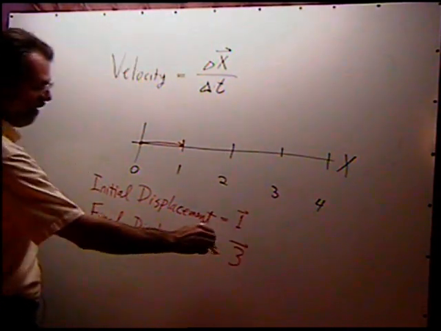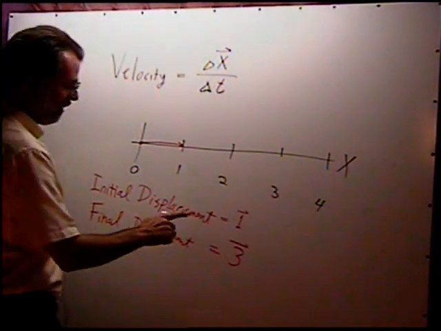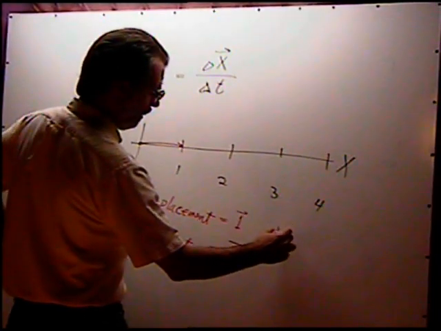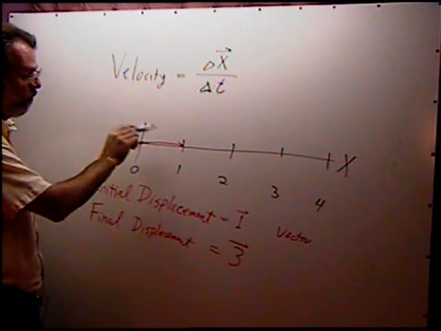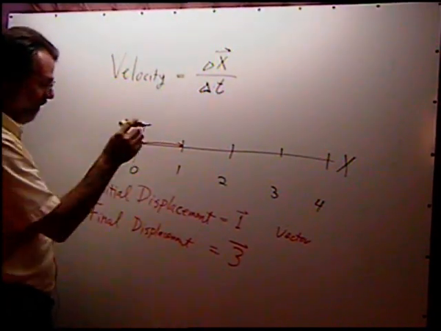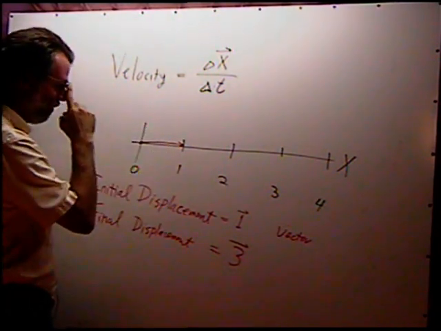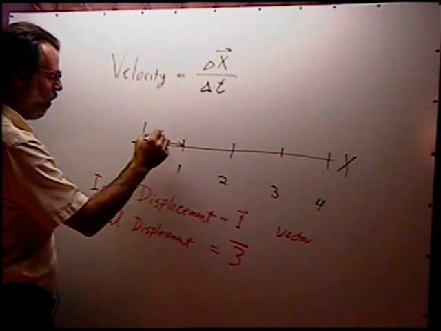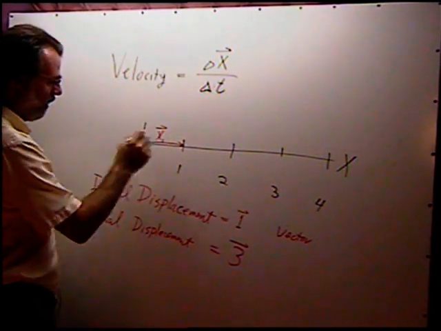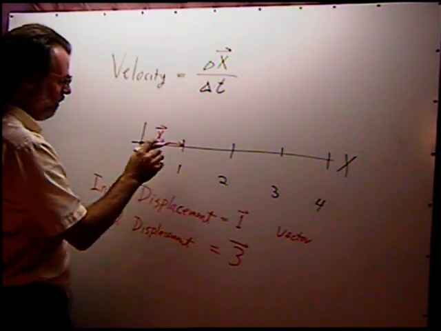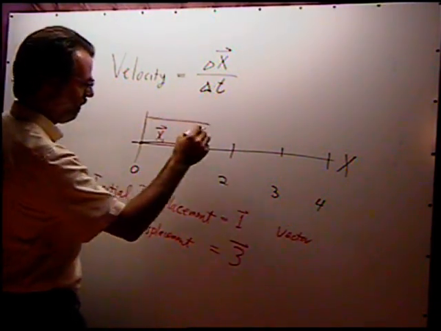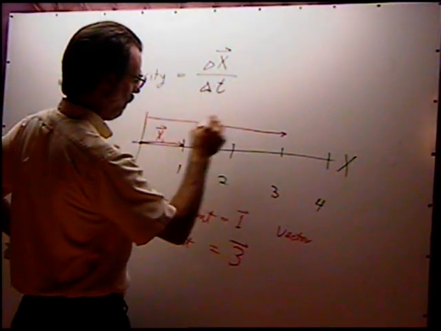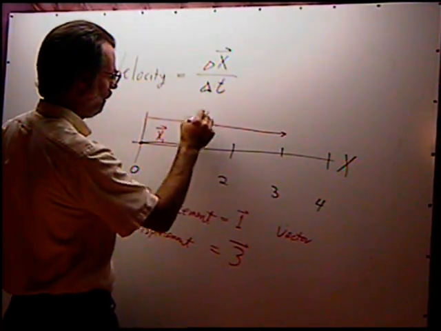And I'm going to write the arrow over it, meaning that this is a vector quantity. It has a direction, it has a length, a magnitude, and it points in a certain direction. So I'm going to call this x1. And just to keep it offset, I'm going to say that this is x3.